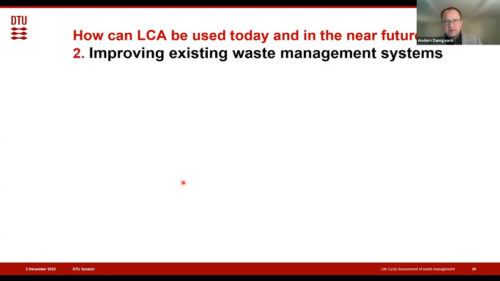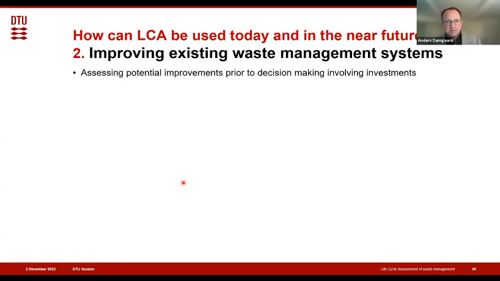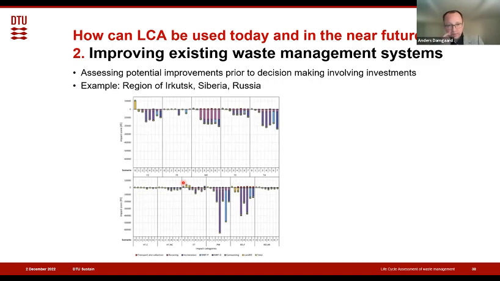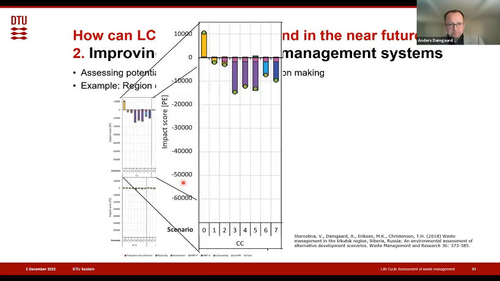And the next step is then, of course, to say, based on this, can we improve our existing waste management system? And this is where we can use it to assess what will be the impact of potential improvements prior to decision making. This is an example from Irkutsk in Russia, where we worked together with the city and one of the researchers there.